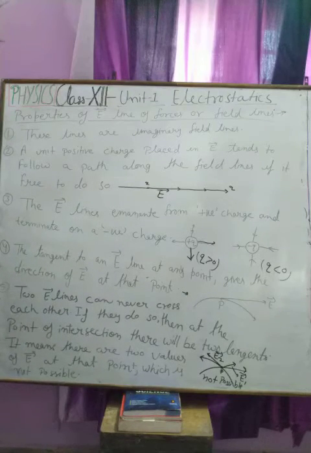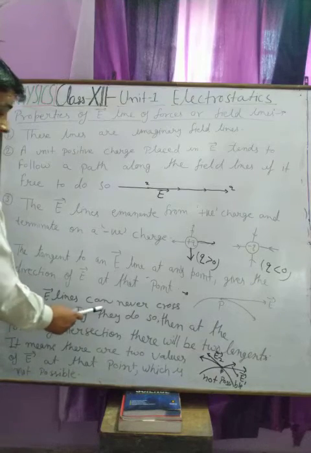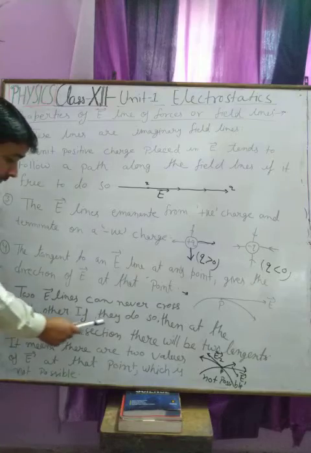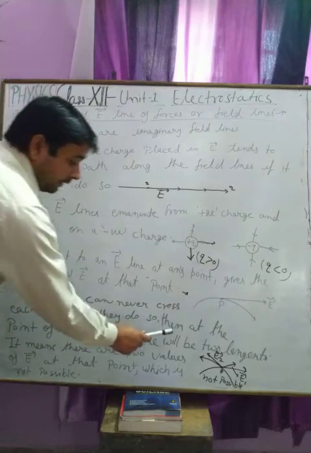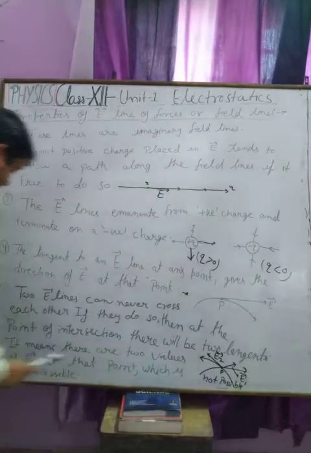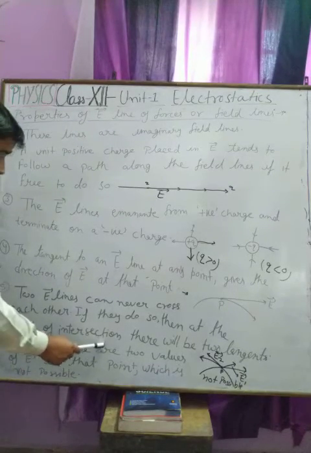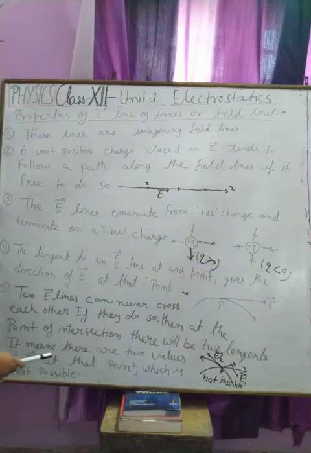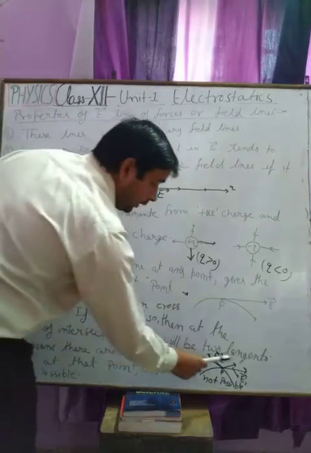Next, two electric field lines can never cross each other. If they do so, then at the point of intersection there will be two tangents.